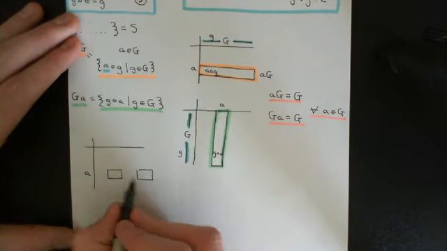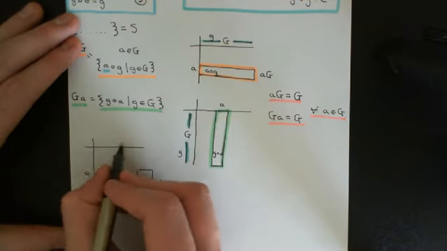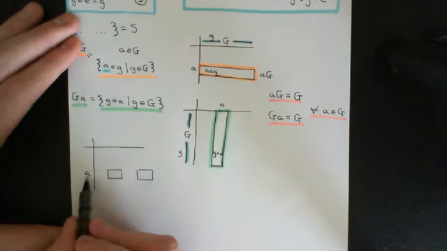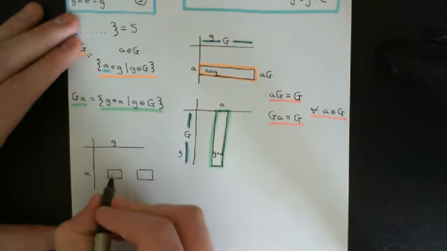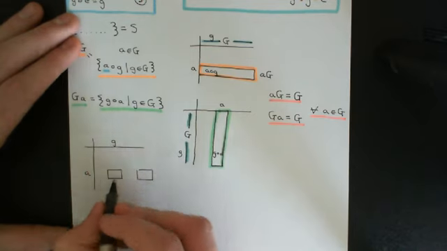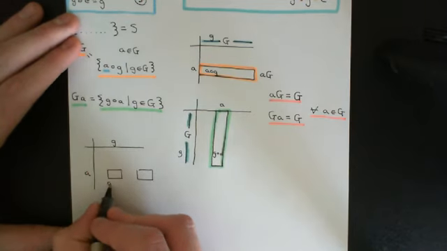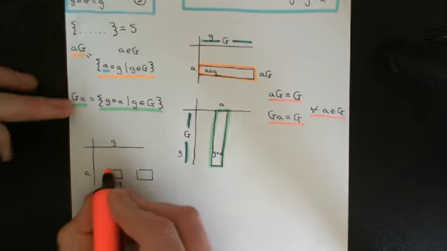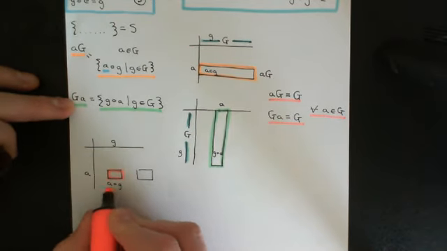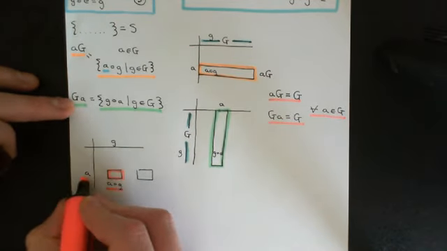Now, for each of these entries you had to have some element of the group which, when left multiplied by a, gave those. So let's fill this in. Let's say that we have some element little g such that when you left multiply it by little a, you get this entry here. Let me colour code this. This entry here in red is little a composed with little g.